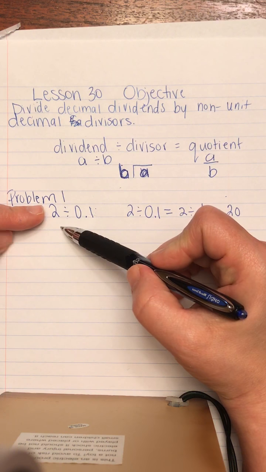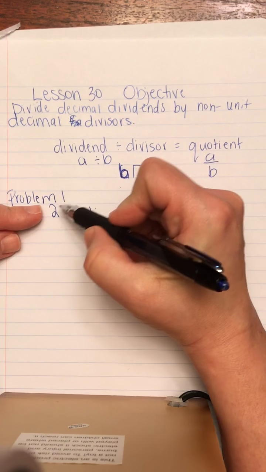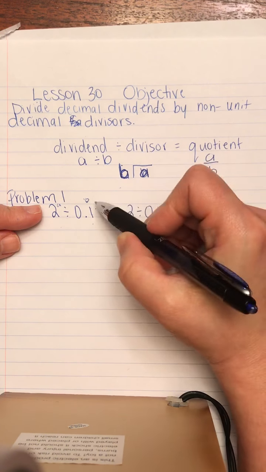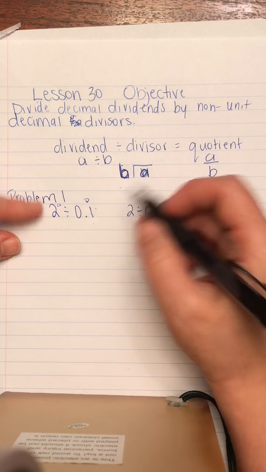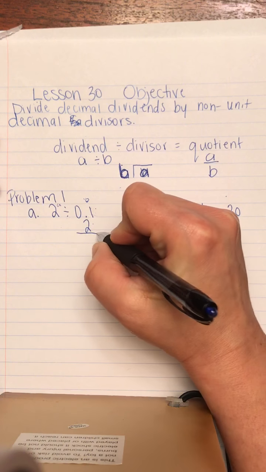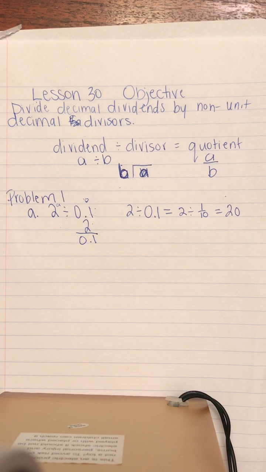So that means if I have 2 divided by 1/10, I can label this A and I can label this B, and then I can use my formula here, and my fraction would be 2 over 1/10. I know, that's mind-blowing. I bet you've never seen a fraction with a decimal in it before.